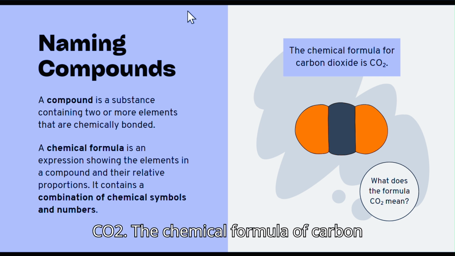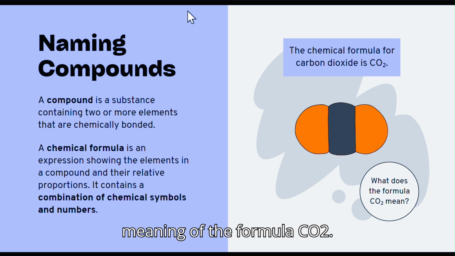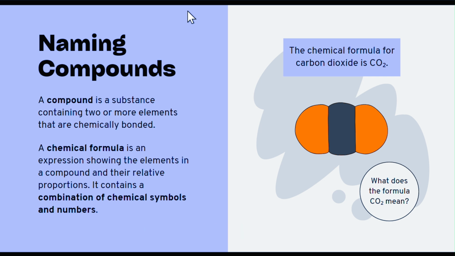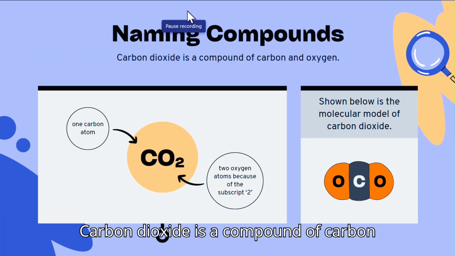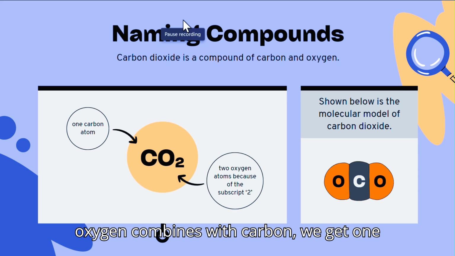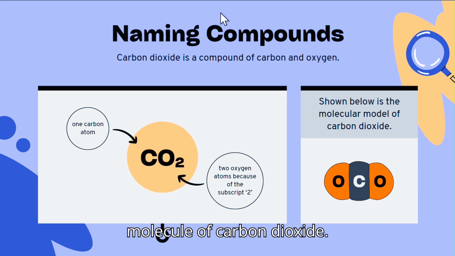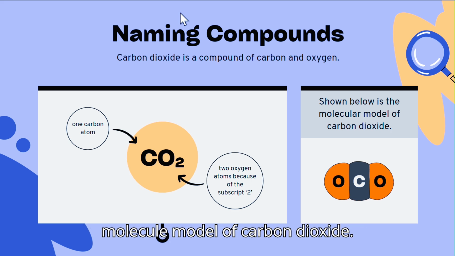The chemical formula of carbon dioxide is CO2, and this is exactly the meaning of the formula. Carbon dioxide is a compound of carbon and oxygen. When two oxygen atoms combine with carbon, we get one molecule of carbon dioxide. The picture on the screen represents the molecule model of carbon dioxide.